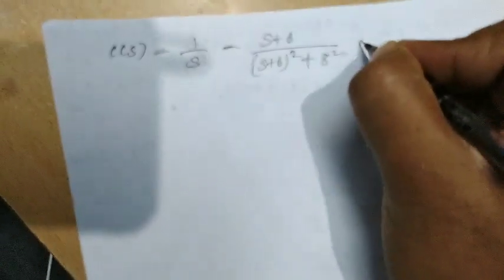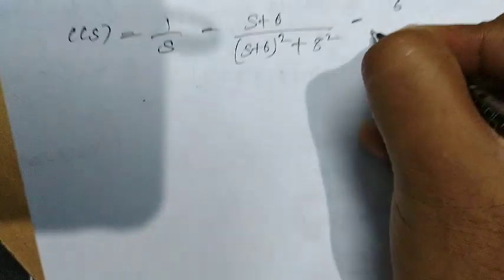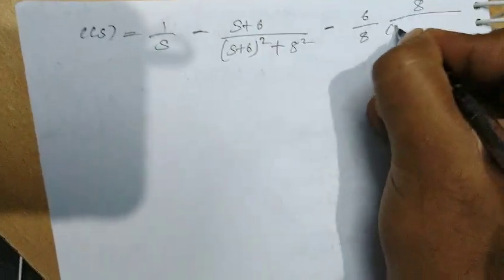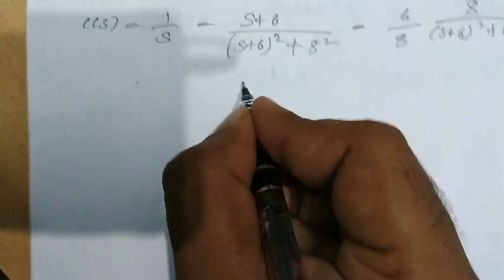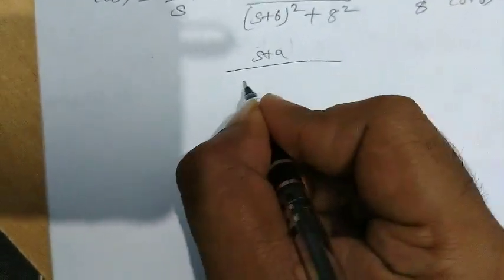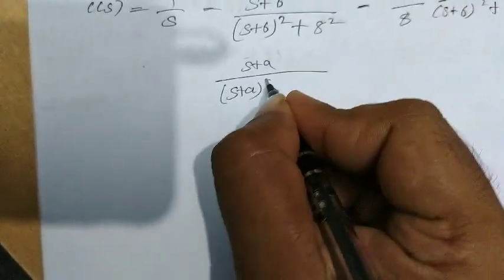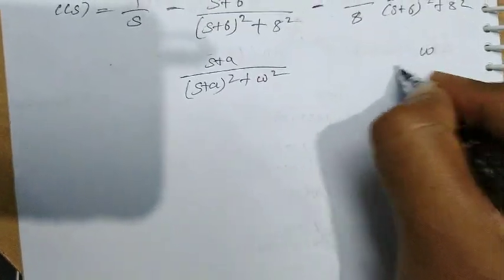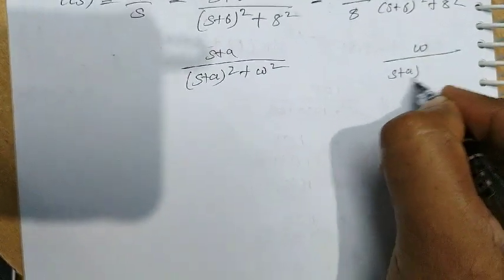Similarly, one more 6 is there, so I'll write that as minus 6, dividing and multiplying with 8, over s plus 6 whole square plus 8 square. So this is like s plus a by s plus a whole square plus omega square, and this is like omega by s plus a whole square plus omega square.